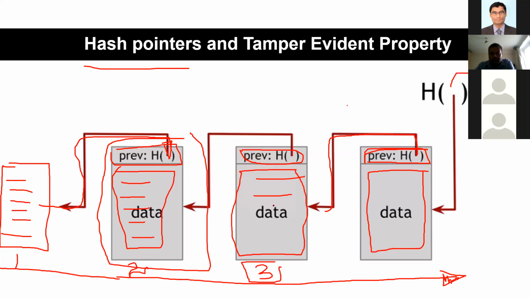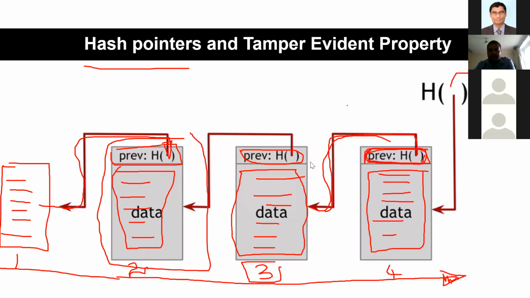That is how we build the third block. If you want to build a fourth block, we will take all this data as well as this hash, and that goes in as a new transaction here, and the new data will be printed here. In this way, we are linking previous data with the current data. So this is the chain.